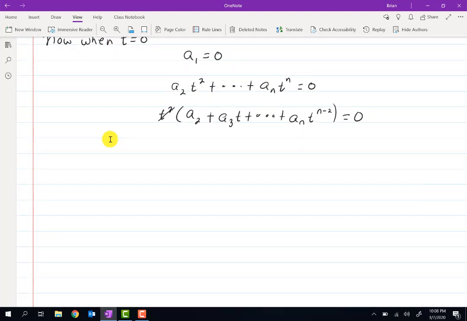Anyways, by the time you're done, you will eventually get down to an equals 0. And so we would have a0, a1, all the way up to an equal to 0. And so we have b is linearly independent.